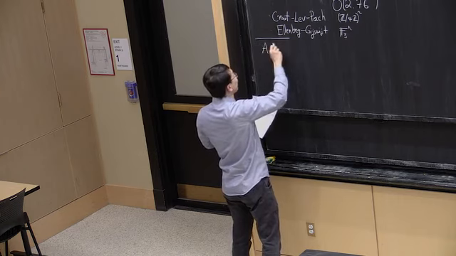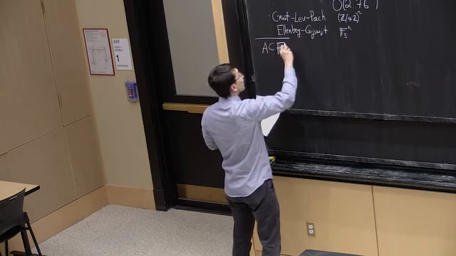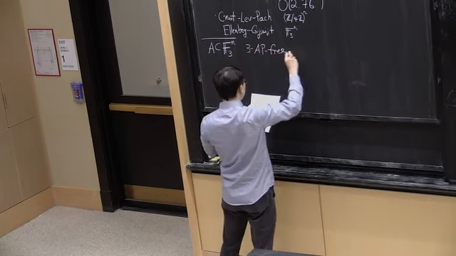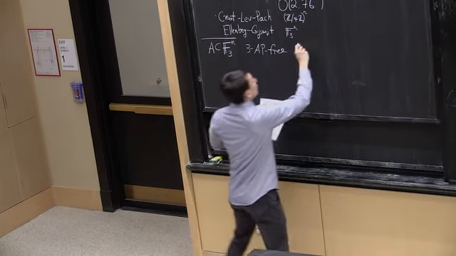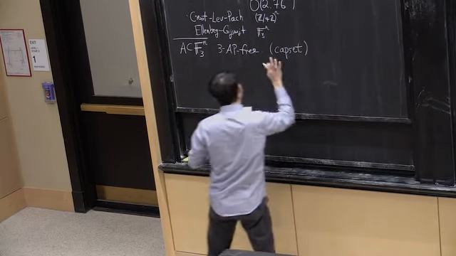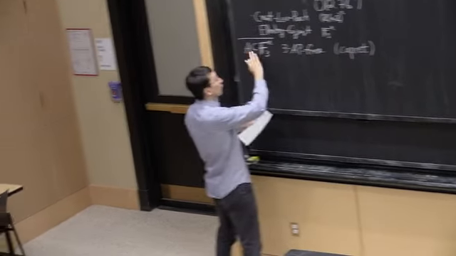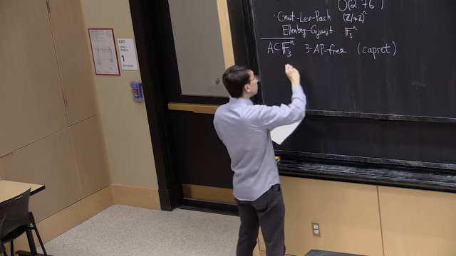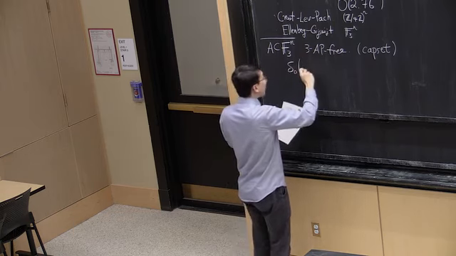So the idea is that if you have a subset of F_3^n that is 3AP-free, and such a set also has a name, cap set, which is also used in the literature in this specific setting, where you have no 3 points on a line, then we have the following identity.